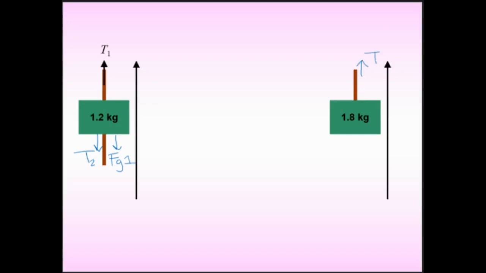Tension what? No, 2. Remember, tension 1, tension 2, tension 2. Yep. And then what? FG2. You got it. Okay. Positive, positive. Now let me see how much space we have. Okay, we're good.